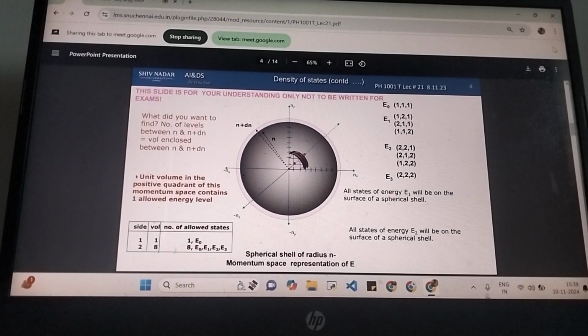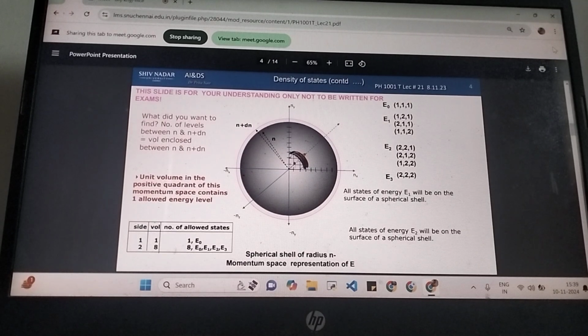So I will quickly repeat. What we did is we considered a three-dimensional space where the three axes represent our quantum numbers. Because we are talking about quantum numbers, the coordinates will only be integer values. We do not have decimal values. So you take a cube of side n cross n cross n in this space.